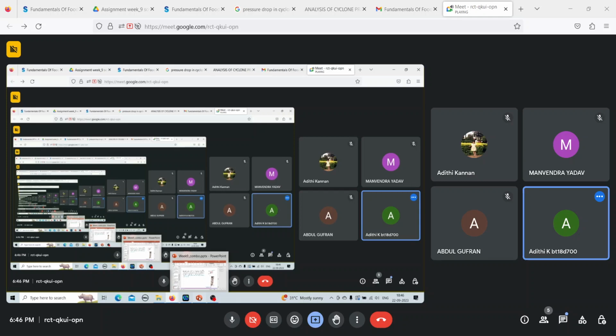So as you can see here, the same term has a different meaning for different kinds of physical separation techniques. For a screening process, it is the diameter of the particle which is the same width as that of the screen opening. And for a cyclone separator, it is the diameter of the particle that will undergo 50% efficiency in that particular cyclone separator. So the answer here is option C.